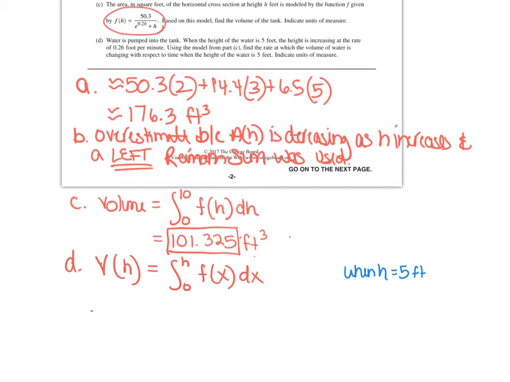So that means dh/dt is 0.26 feet per minute. And we want to find the rate at which the volume of water is changing with respect to time.